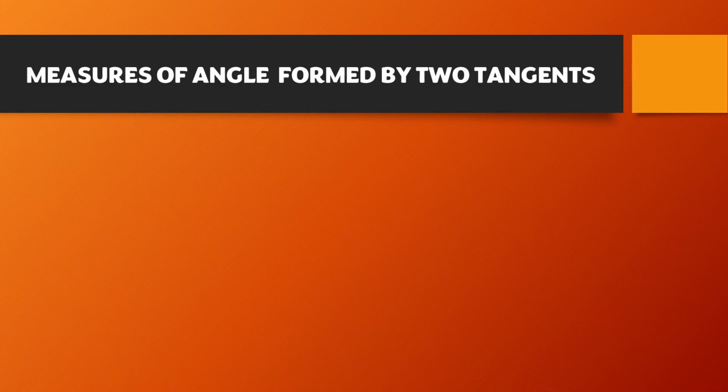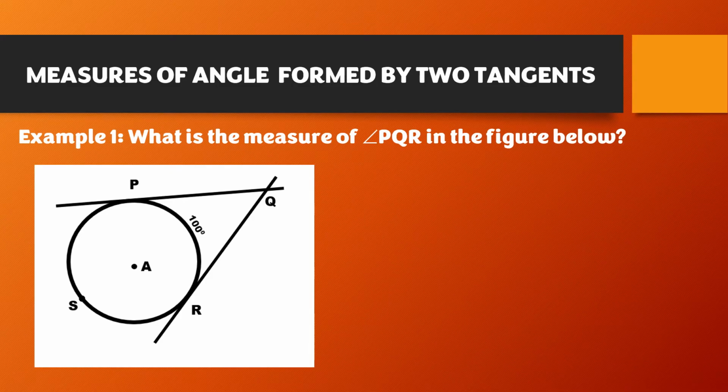Let's have examples on how to determine the measures of angle formed by two tangents. In example number 1, what is the measure of angle PQR in the figure below?